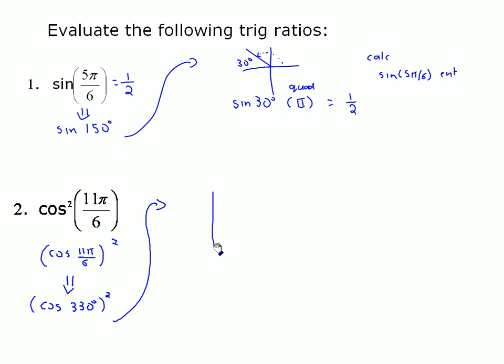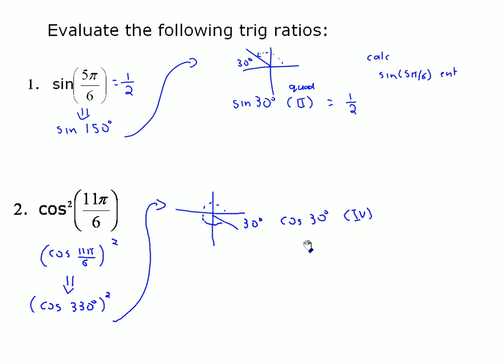Now the cosine of 330 degrees, right there, so that's a 30 degree reference angle. So what we really want is the cosine of 30 degrees in quadrant 4. Now cosine is positive in quadrant 4.